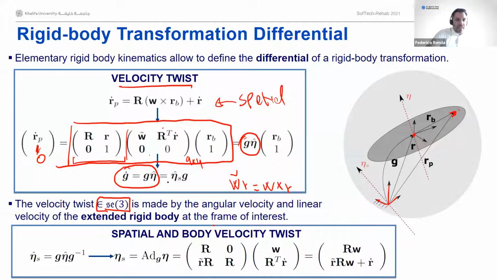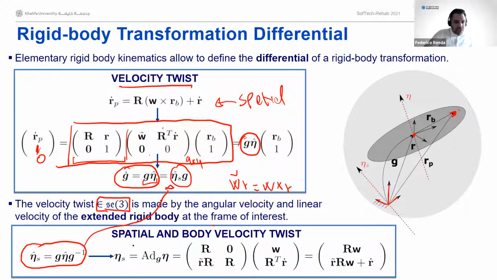Now, we can define this also in the spatial frame. Imagine that we define this velocity vector here as G eta G minus 1. What happens if we place this definition here? We obtain exactly G eta. So it means that G dot is also equal to eta S G, where eta S is defined as such.